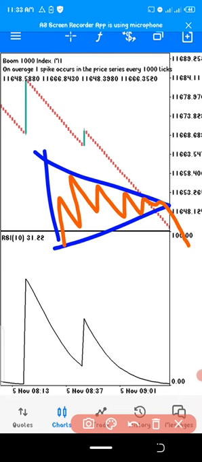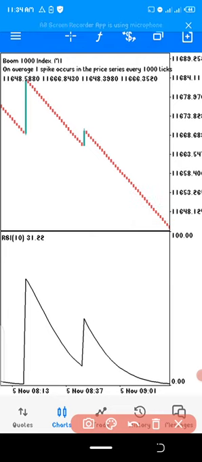We can say this is a triangle chart pattern, because the market, represented by this orange line, has mimicked the shape of a triangle. So we can call that a triangular chart pattern. I hope you guys are getting it. When we say chart patterns, it is simply the chart showing us a particular diagram.